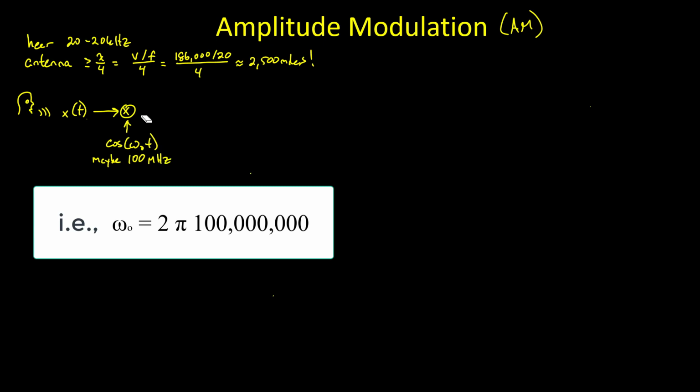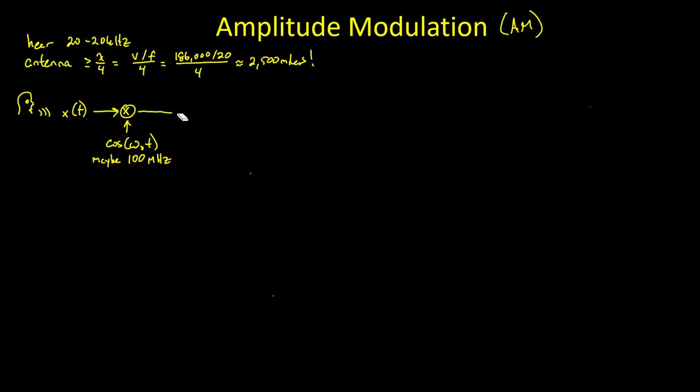And at that frequency, we're looking at antenna wires that are only a couple of feet. And then we put it through the air. And I'll draw this gap to show that we might be separating this by many tens of miles. And then at a receiver location, we're going to multiply our received signal again by cosine of omega naught t, the same frequency.